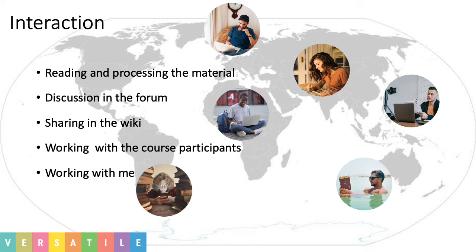So one of the most important things about an e-learning course, which makes it different from just reading the book, is interaction. So you'll be reading and processing material, you'll be discussing things in forums, you'll be sharing things that you create in a wiki, and you'll be working with each other in various ways. And of course, your course tutor will be present, keeping an eye on everything, and will comment as necessary.